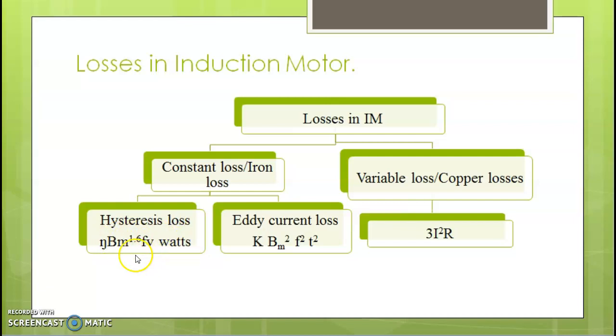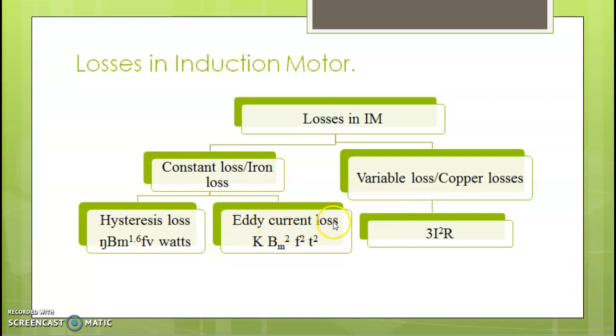So if we observe this formula, the hysteresis loss depends upon the flux density. So we are using high quality material like silicon steel and cast steel to minimize hysteresis losses.